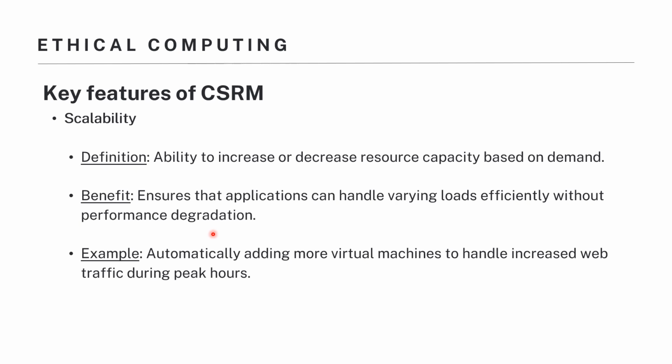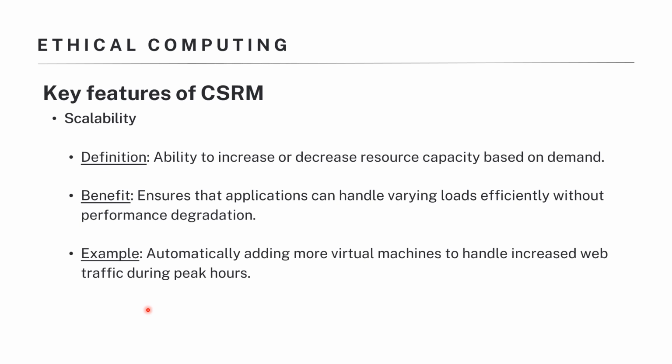This means that during peak times, like a major sale event, for instance, your cloud infrastructure can automatically scale up to meet those demands. For instance, during high web traffic, more virtual machines will be provisioned, or automatically added, to handle the workload. When the traffic decreases, those virtual machines are deallocated, ensuring cost effectiveness.